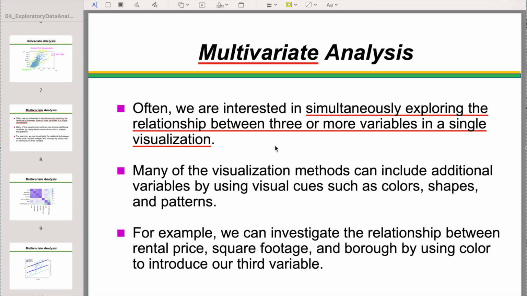Before the treatment, the person had heart disease. After the treatment, they don't have heart disease anymore. So that's why we would like to explore the relationship between variables. How does one variable affect another, or maybe two others?